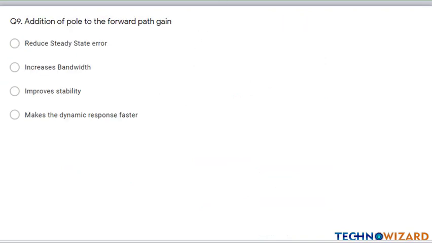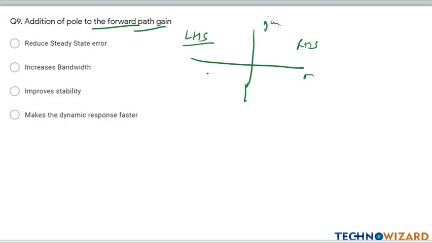Next question. Addition of a pole to the forward path gain. Addition of a pole always decreases our stability. If we talk about an S plane, with sigma and j omega, this is the RHS and this is the LHS side. When all the poles are at the LHS side, then the system will be stable. If it is on the RHS, then it is unstable.